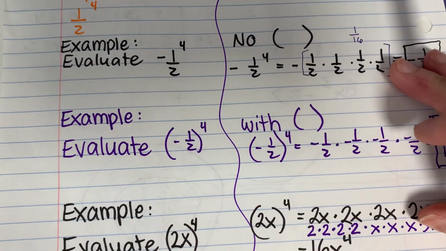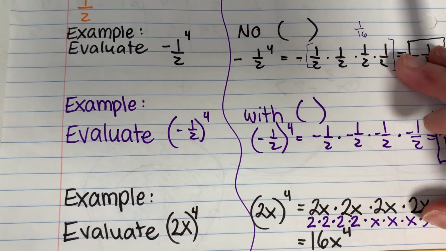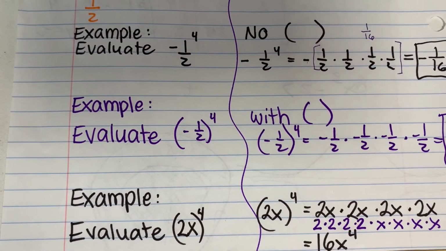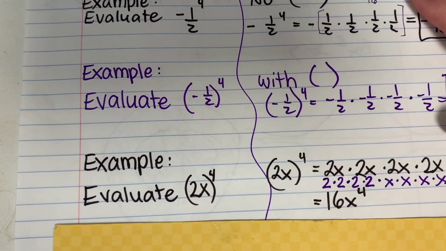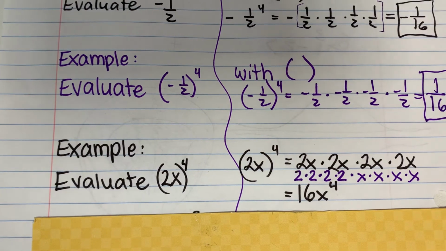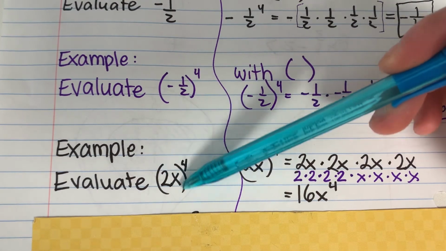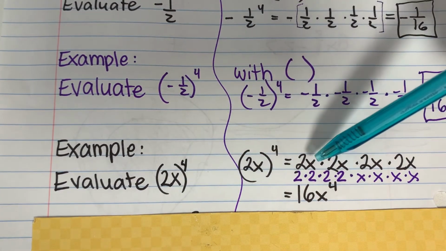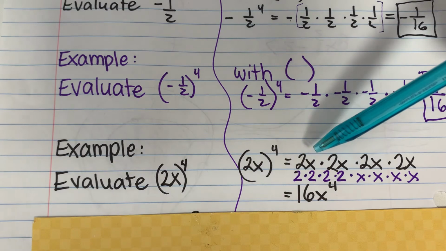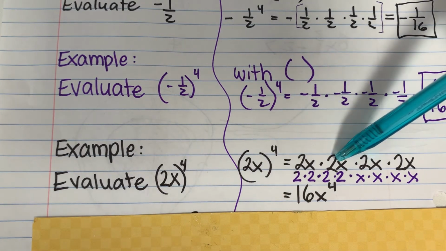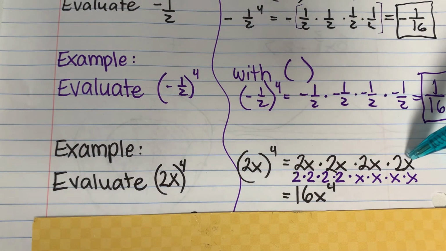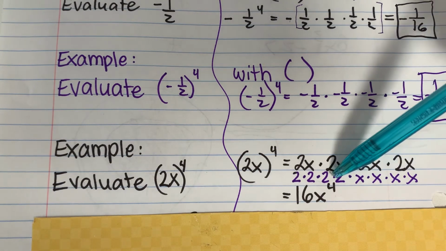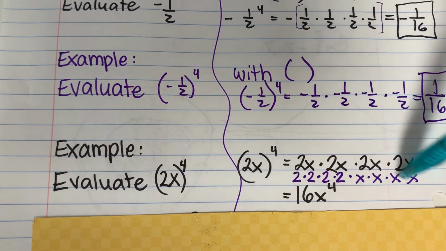Now let's look at some variables. Evaluate 2x to the 4th. You notice there are parentheses again. So with parentheses, this whole thing is getting multiplied 4 times. So we've got 1, 2, 3, 4. And I broke it up. I like to see the numbers and the variables separate.